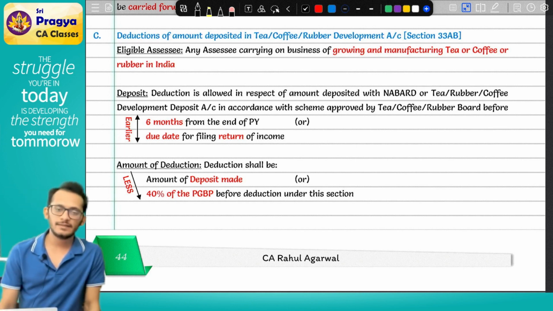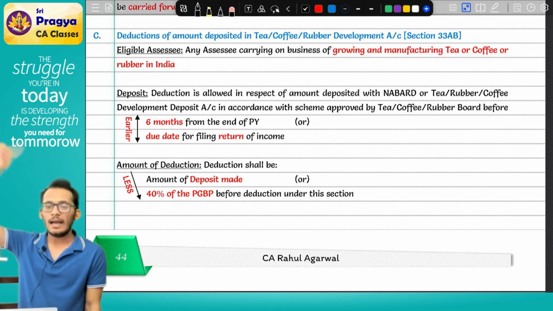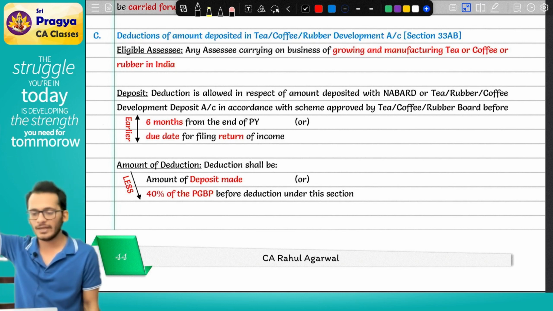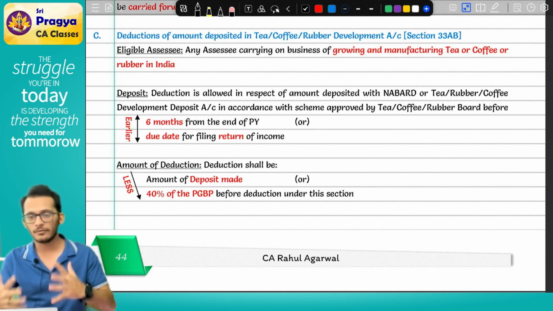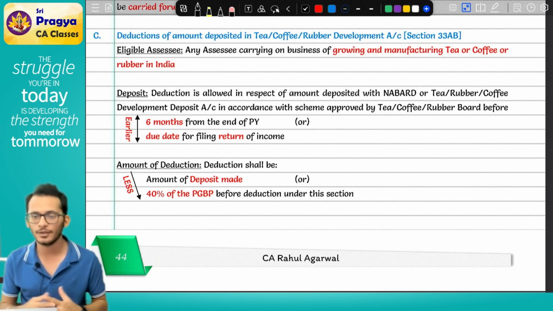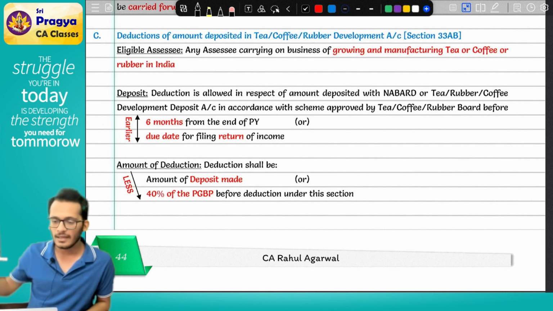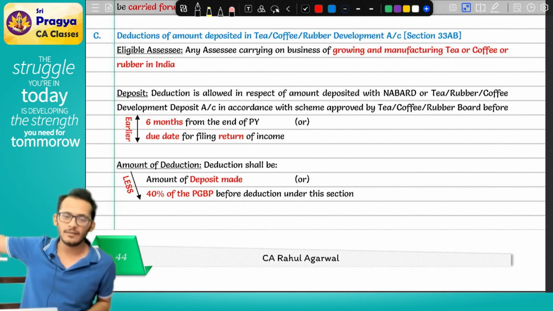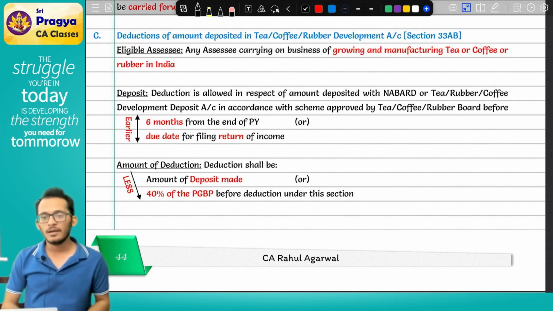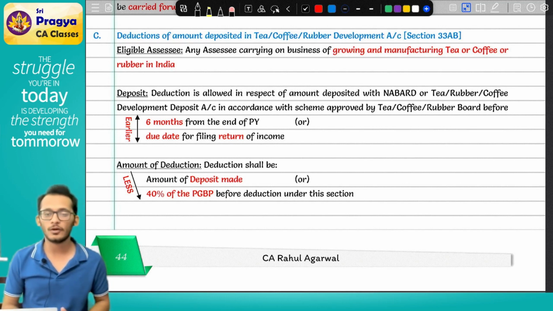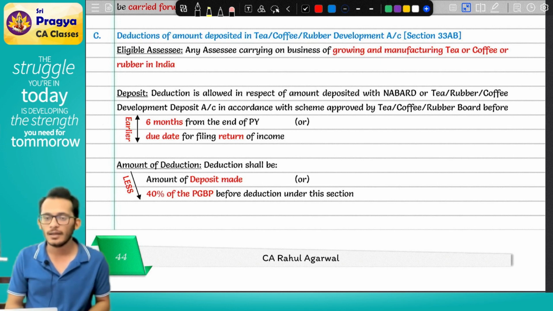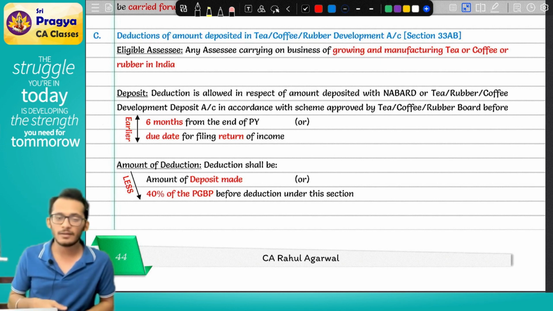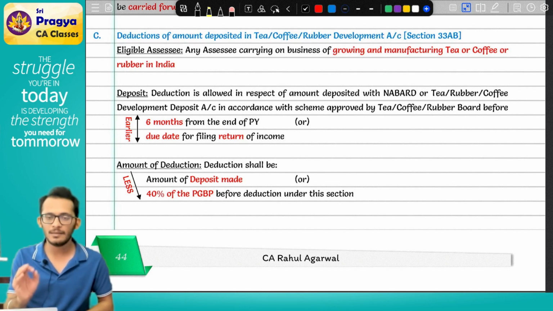Income tax says that if, because of a tea act, a rubber act or a coffee act, you have created a special reserve in your books called tea development account, coffee development account or rubber development account, which you are going to use for the development of your operations, whatever money you deposit in this account can be claimed as a deduction.